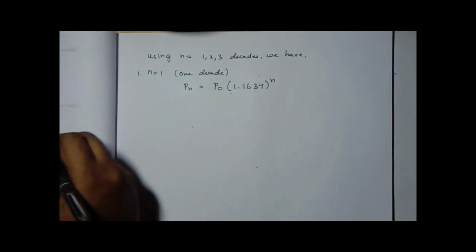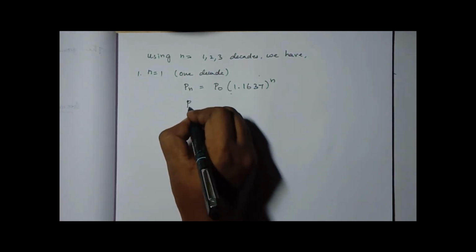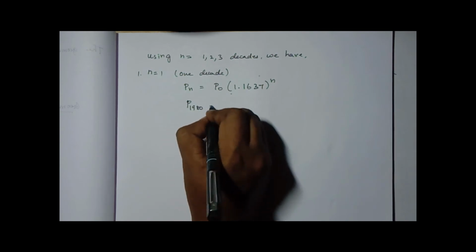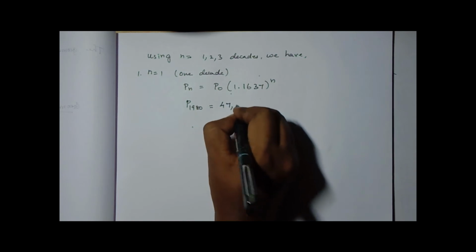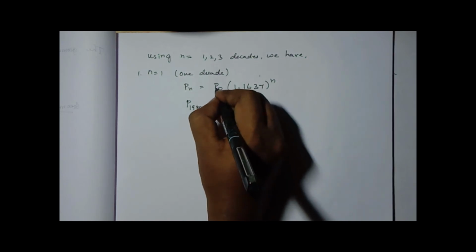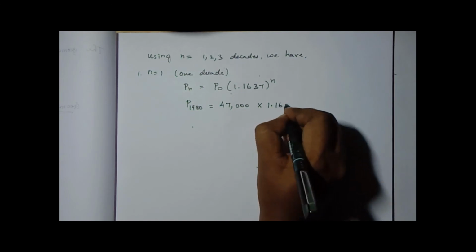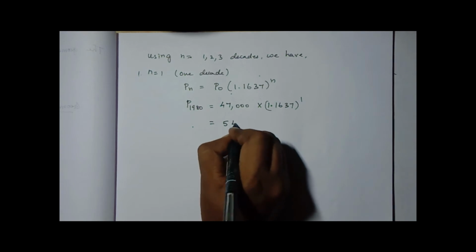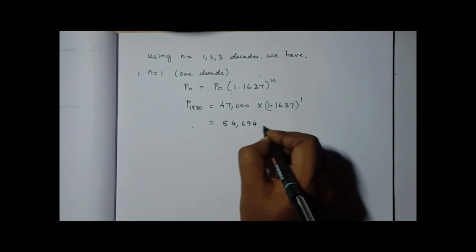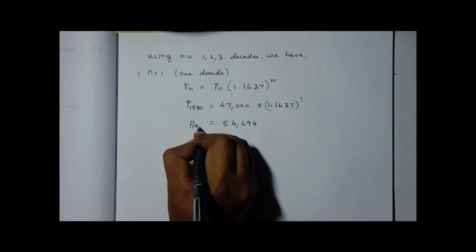Yeah, this is the formula. So when Pn is 1980, we have 47,000, which is the 1970 population, P naught, into 1.1637 to the power 1. So we'll get the value as 54,694. Similarly, we got it using the arithmetic method. So this is in the year 1980.